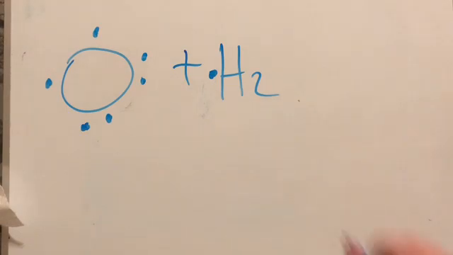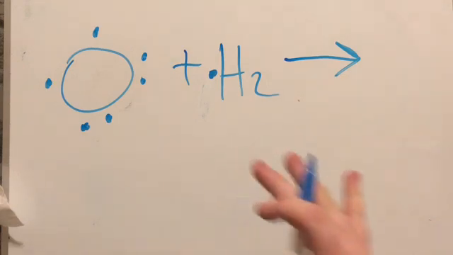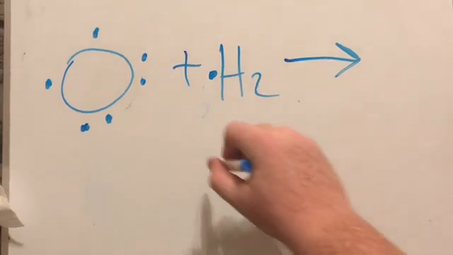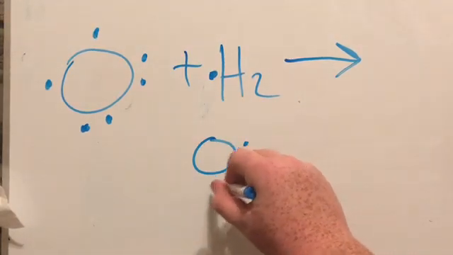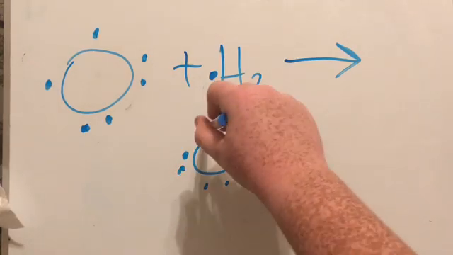Now here's how this works. When you're doing covalent bonding, the difference with this one is you have your O diagram again. So every place you have 1, you add another 1.